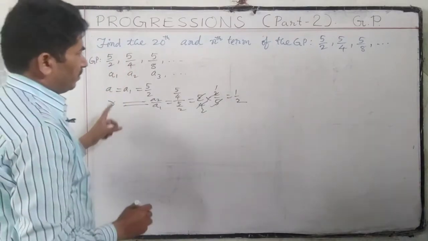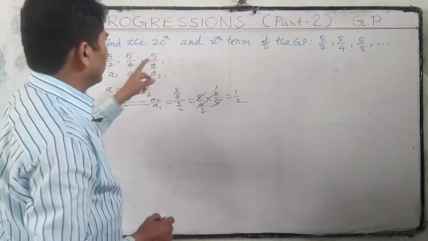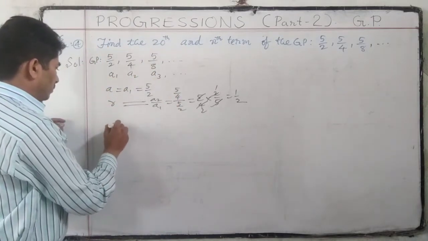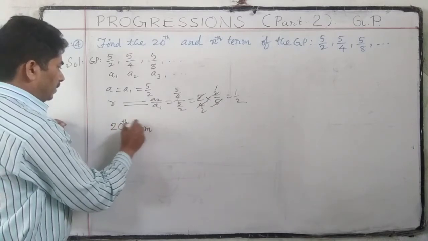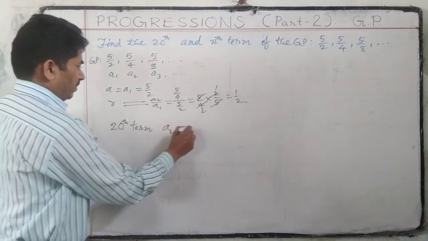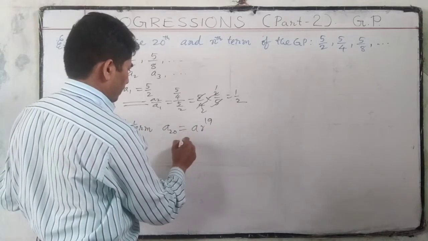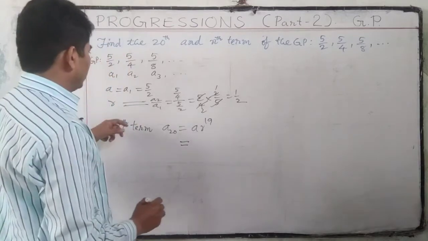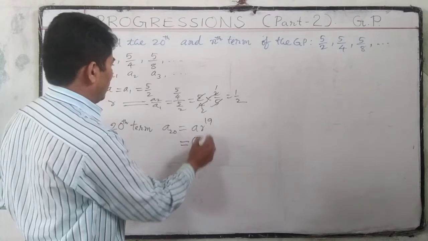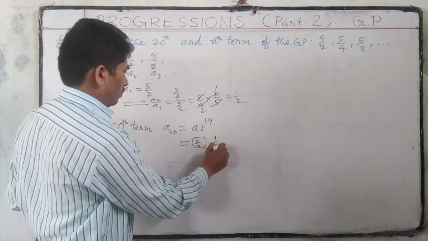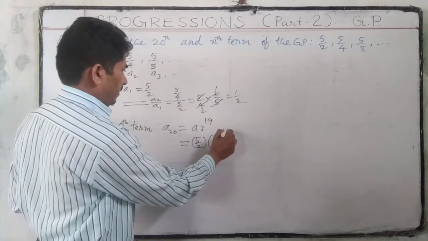Therefore, based on this first term and common ratio, we can find the given term, the 20th term. a20 is equal to a r to the power of 19. Here a is 5 by 2, r is 1 by 2, all to the power of 19.